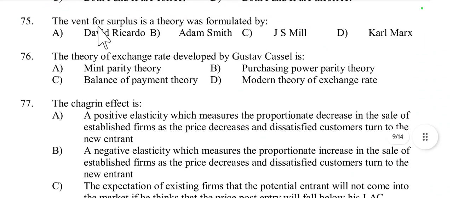Then question 76. The theory of exchange rate developed by Gustav Cassel is: mint parity theory, purchasing power parity theory, balance of payment theory, or modern theory of exchange rate. The answer is purchasing power parity theory. Option B is right here.